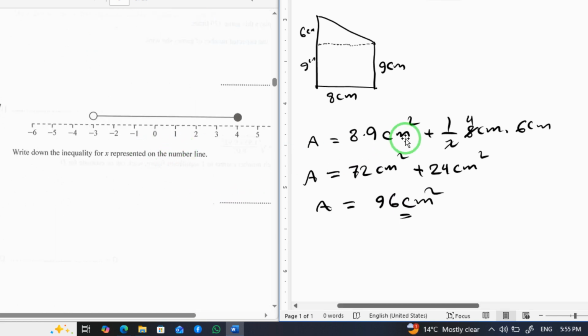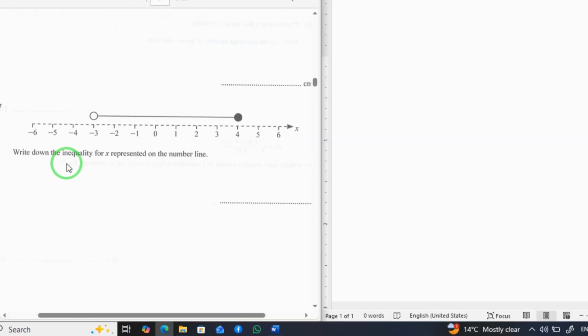And question number 7, write down the inequality for x present on the number line. Here x is a variable that varies from -3 to 4. Take the point of 4 but cannot take the point of -3.